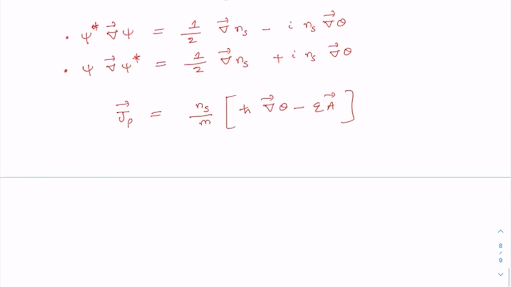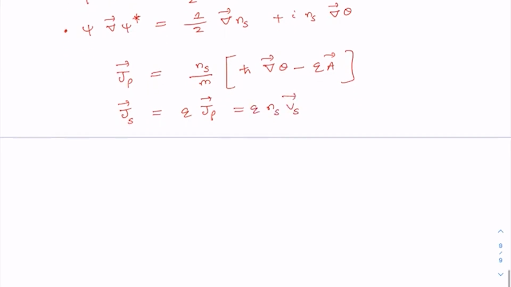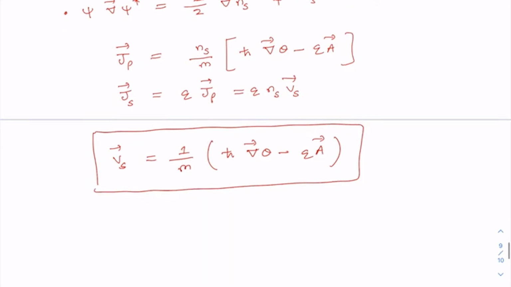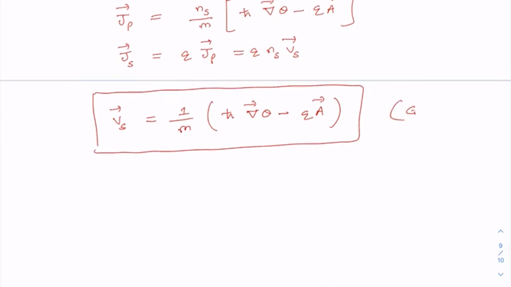Now if you compare this with Js equal to q into J rho, which we have already written, that is q into ns into vs, then I will obtain that vs, the velocity of the superconducting electrons, is equal to 1 by m, h cross grad theta minus q into A. So this is an important expression we have got for the velocity of the superconducting electrons from Ginzburg-Landau theory.